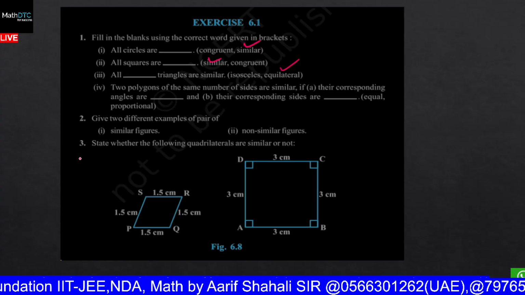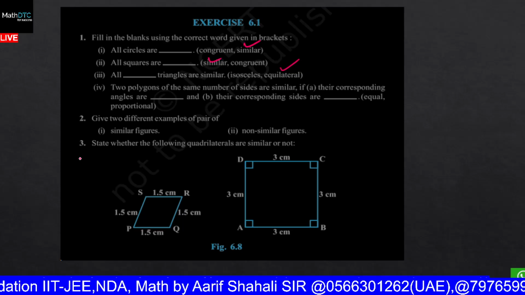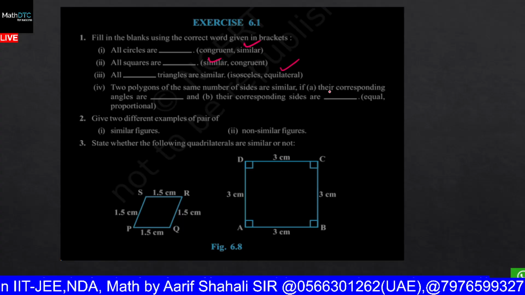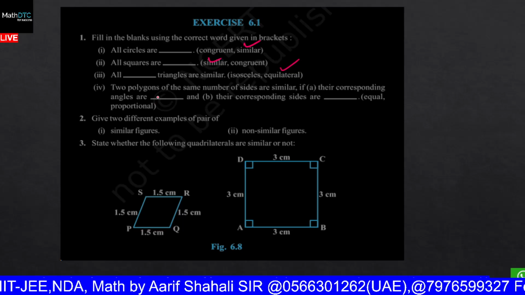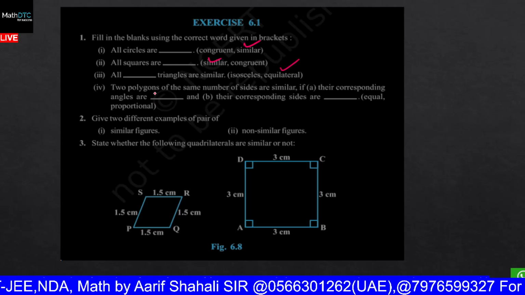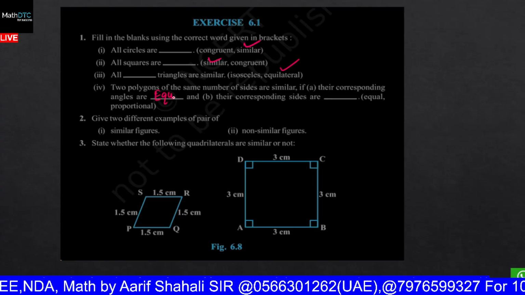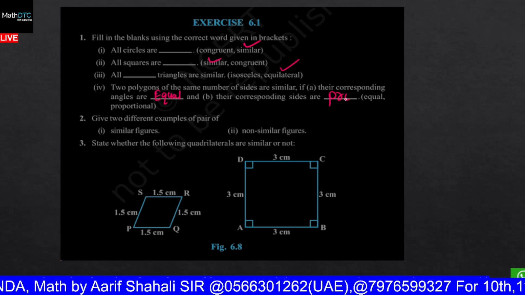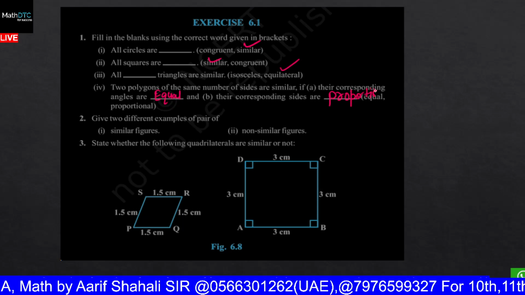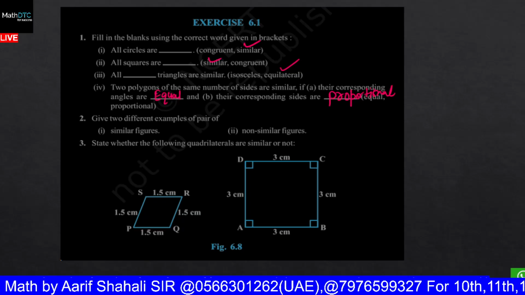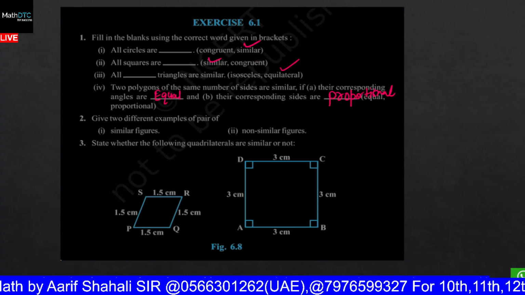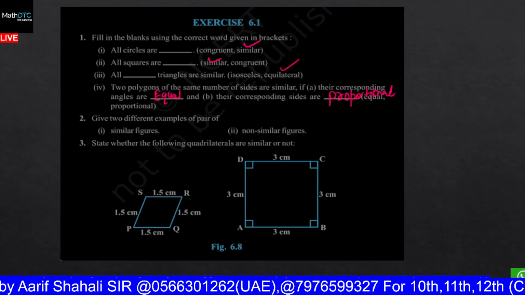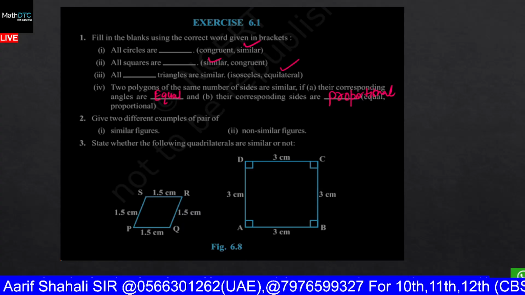Two polygons with the same number of sides are similar when their corresponding angles are equal, because the angles always describe the shape, and the corresponding sides are proportional. Sides describe the measurement of the figure, that means size.